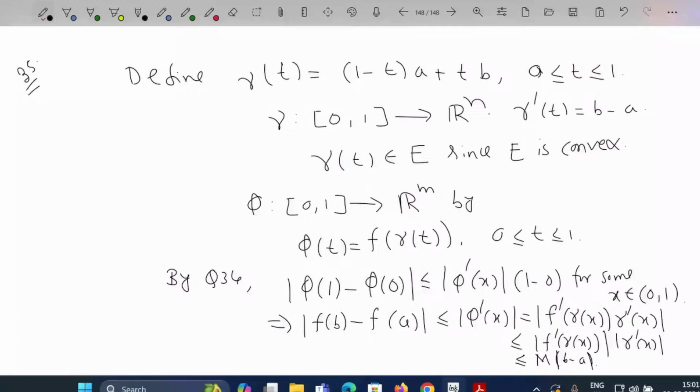For convexity, we need this one. Otherwise, gamma of t cannot be in E. So to get that it is in E, we need to consider E as a convex set.